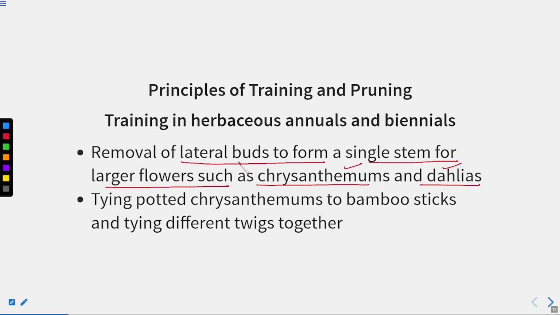So we cut the lateral buds and just allow a single stem to grow like this, and here it can have a big flower. It looks beautiful also, because if there will be a number of flowers, then the size of the flower could be small, right? So the lateral bud removal is also a process of training.